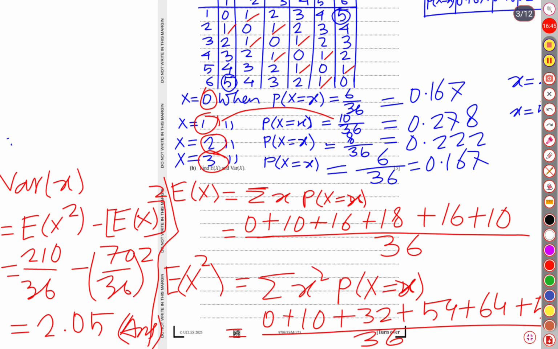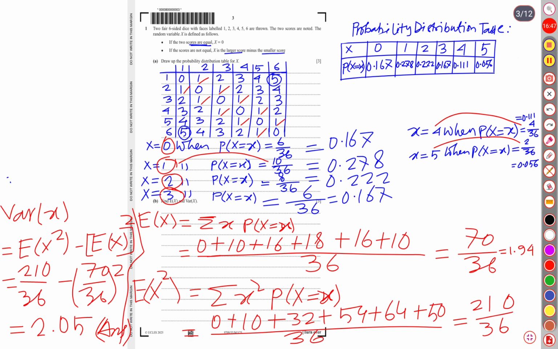So that's all about finding the probabilities of each of the values, then finding the expected value as well as the variance. 2.05 is our final answer, and variance is actually the expected value of the square minus the mean squared. Mean means E(X) whole squared.